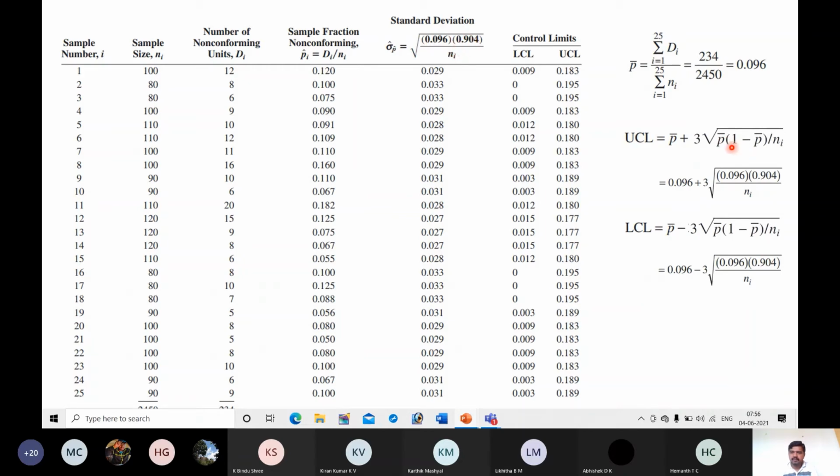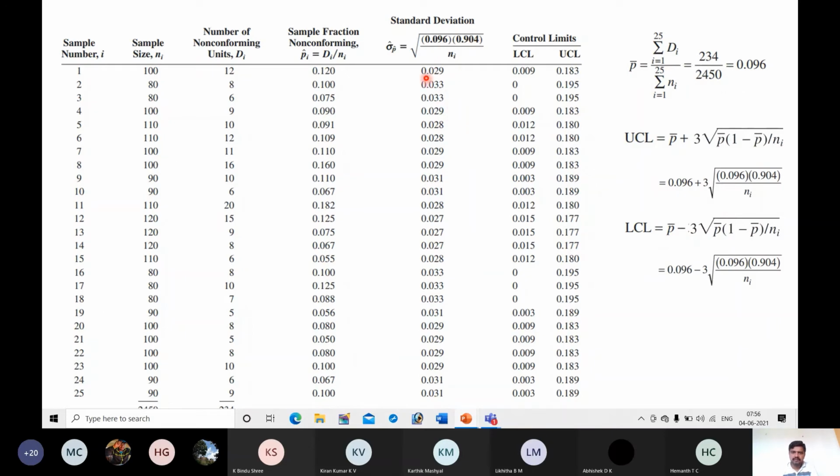The p bar and 1 minus p bar values remain constant for all 25 samples. 0.096 is p bar, and 1 minus 0.096 gives you 0.904.